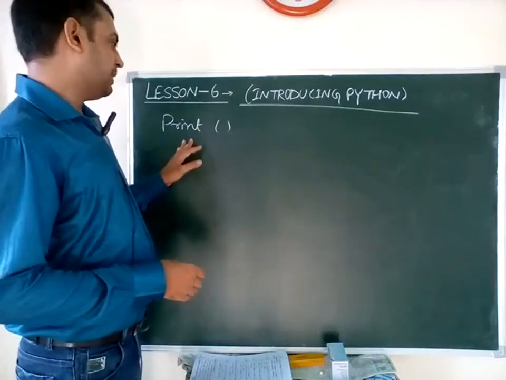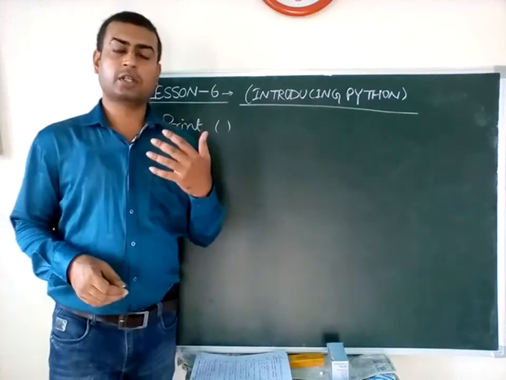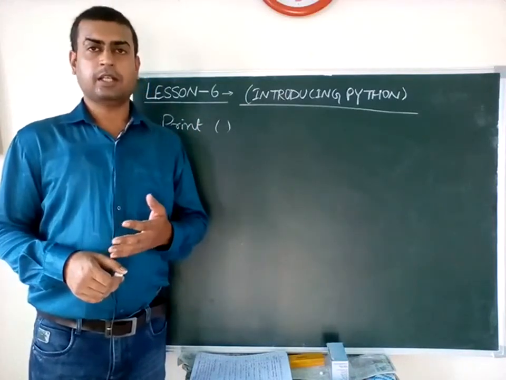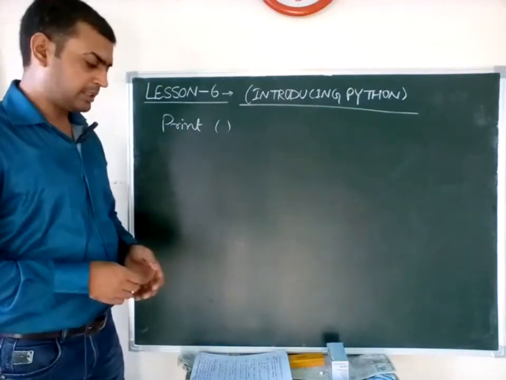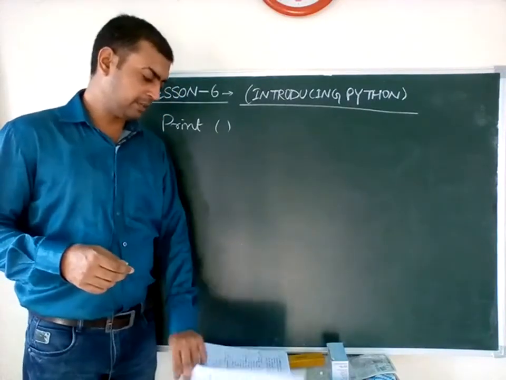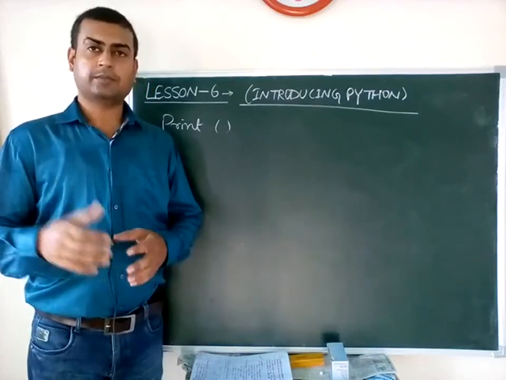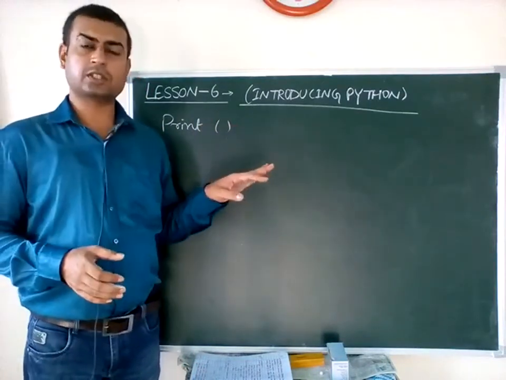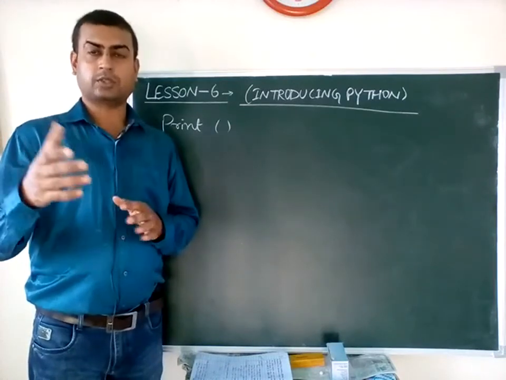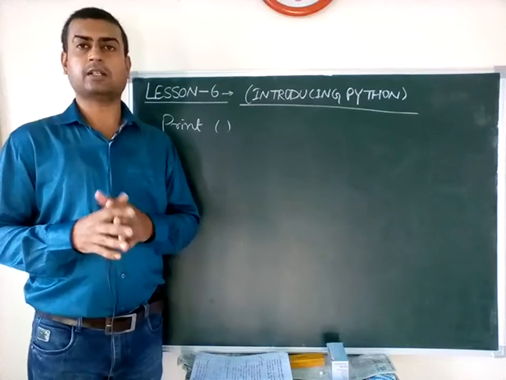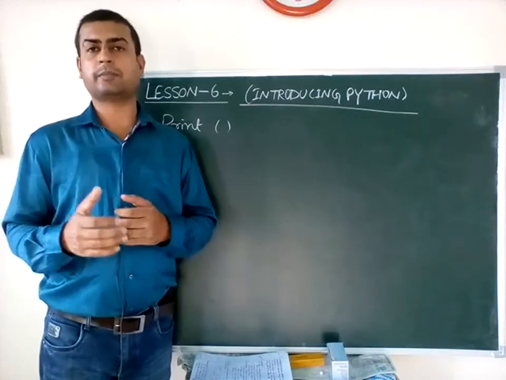So this print function is only used to show the output on your computer screen, and this will be more clear with the practical. Whatever we have discussed today, I am going to show you. We have discussed the theory, and now you are going to see the practical, so you have to pay attention while going through it.